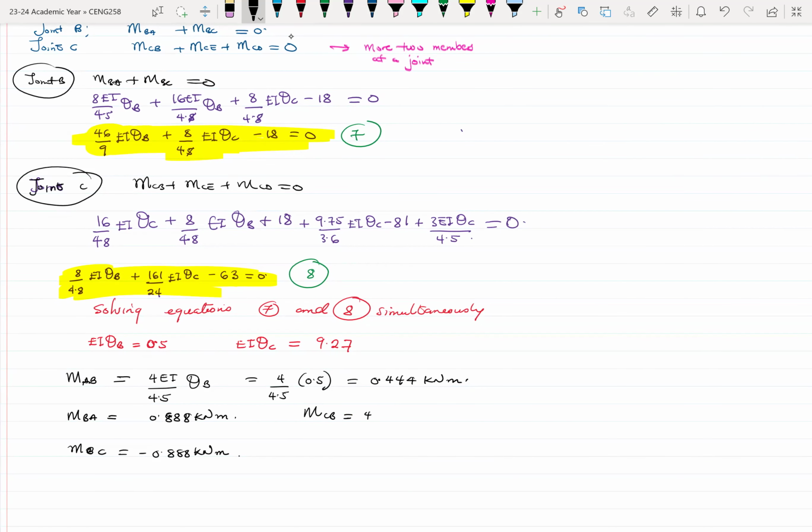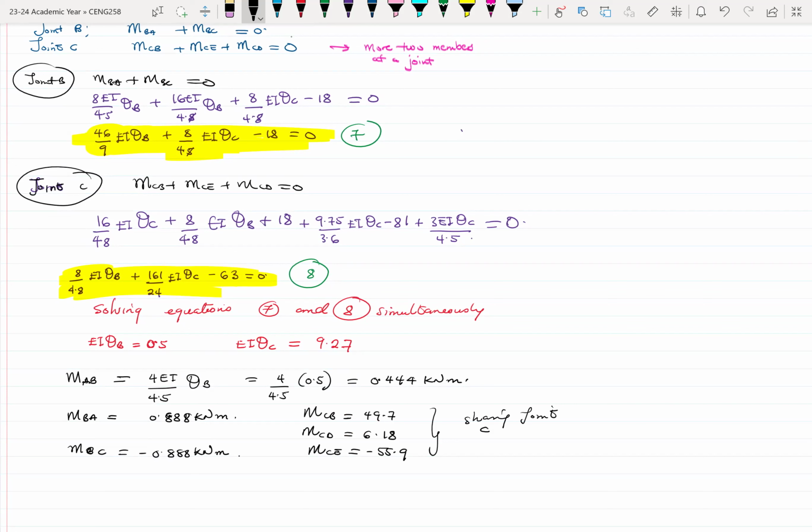MCB is 49.7. MCD, that's 6.18. And MCE is minus 55.9. All right. These were the three that were sharing joint C, right?